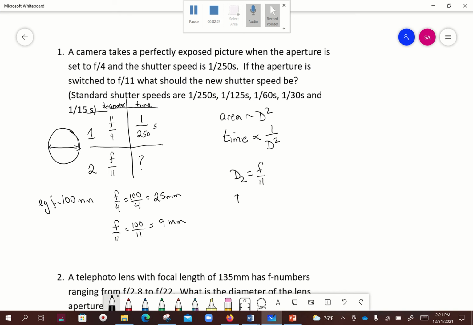The diameter for 1 is f/4. So if I look at the diameter of 2, let me take a ratio. If I take a ratio of d2/d1, that's f/11 divided by f/4.